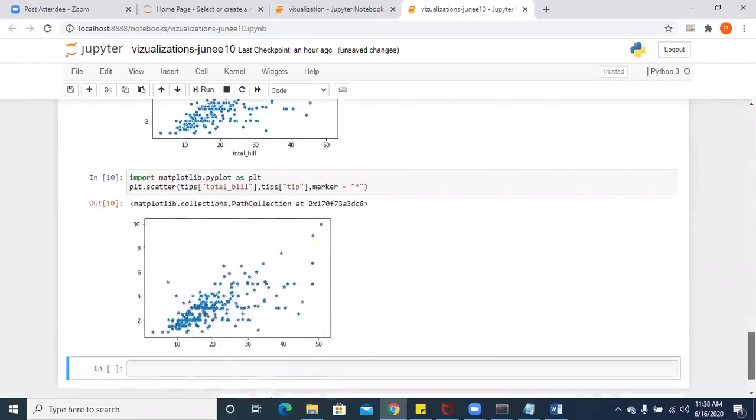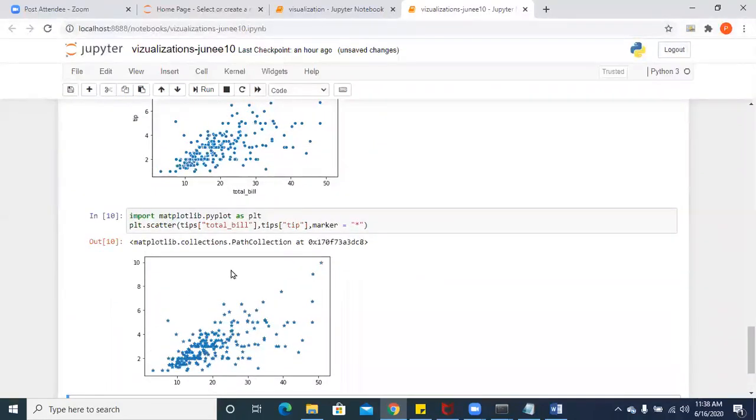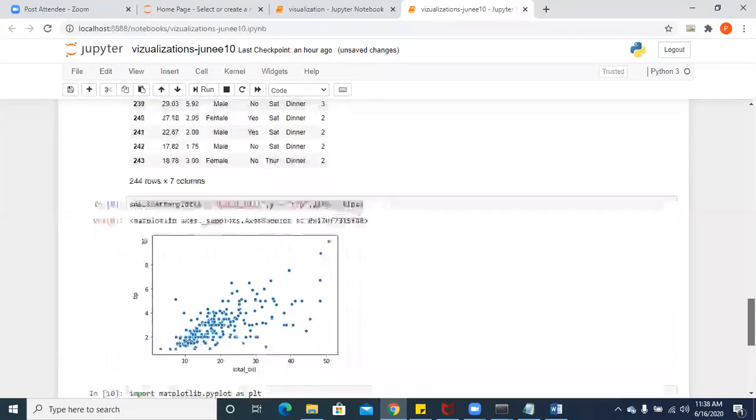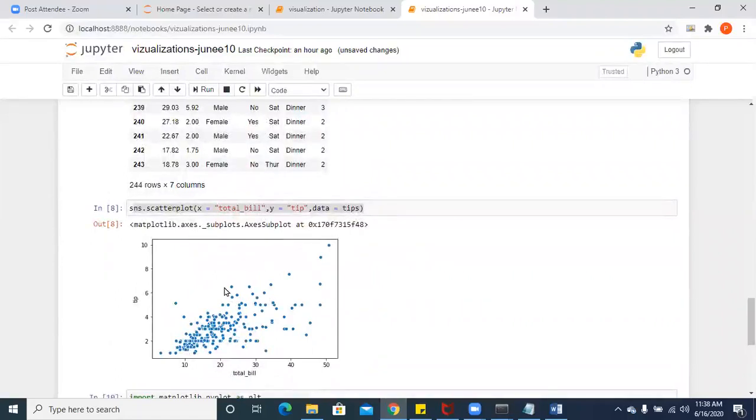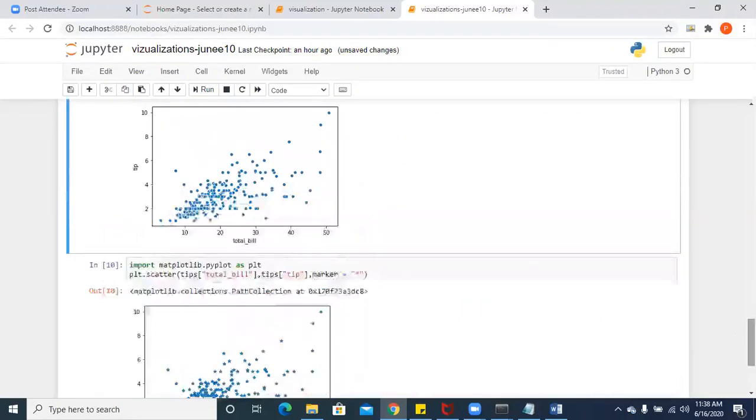Can you see the same graph is being plotted? Yes. So you can use matplotlib or Seaborn for the visualization. This is the Seaborn scatter plot and this is the matplotlib scatter plot.